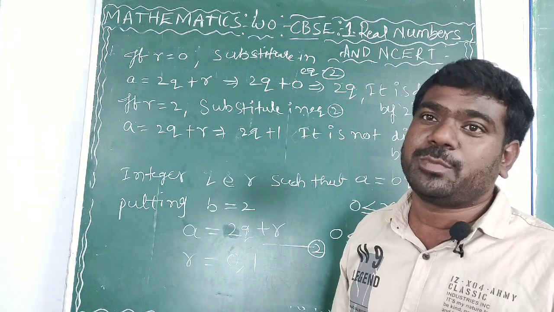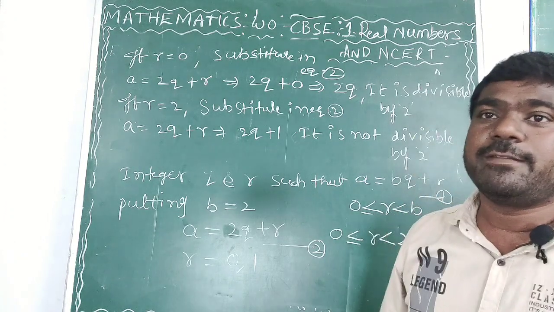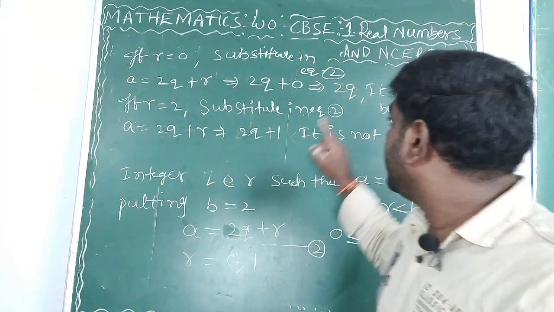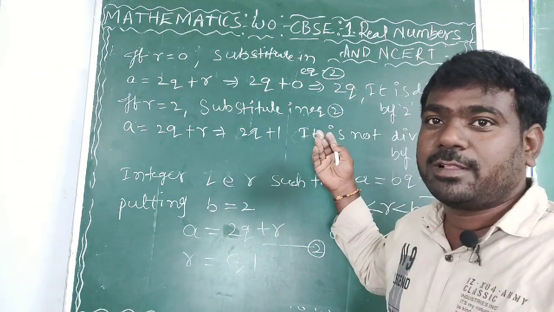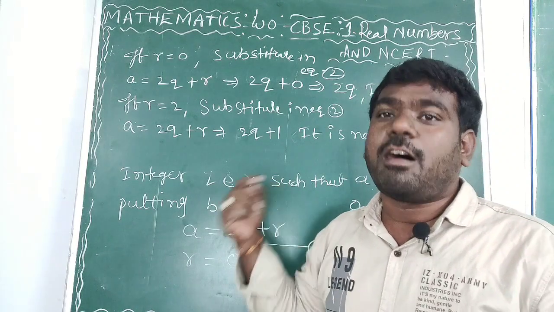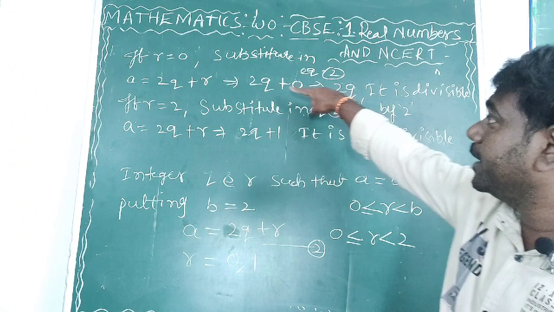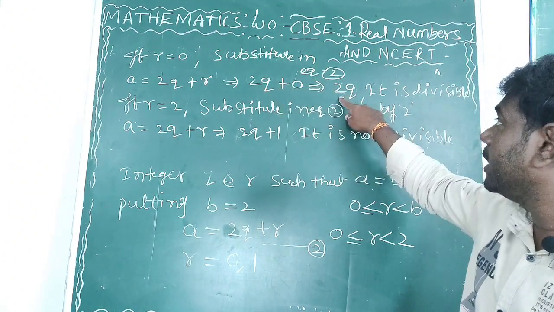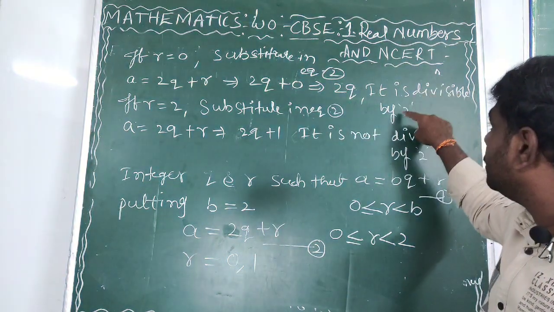Suppose the number is not divisible by 2, then we can say it is an odd number. See here, if I substitute, we get 2q, meaning it is divisible by 2.